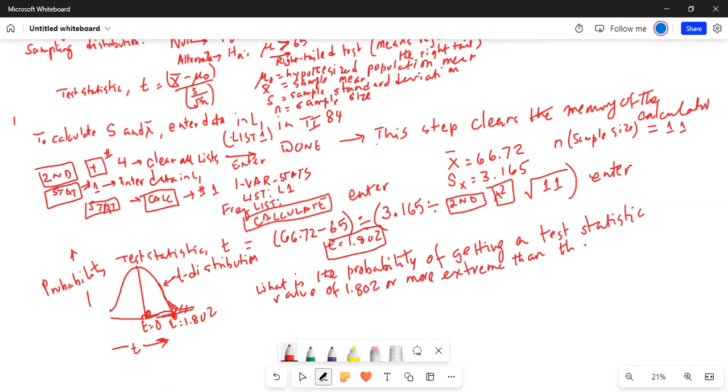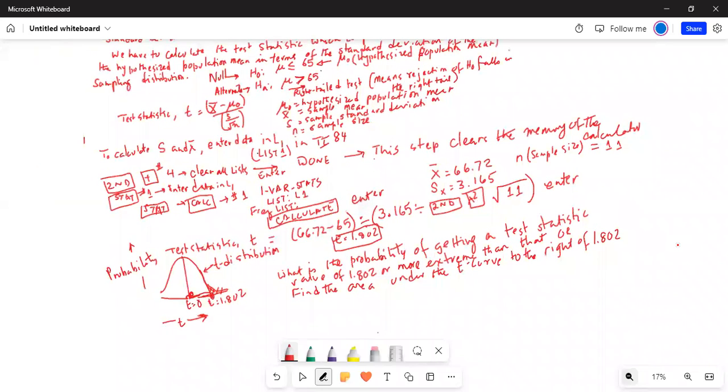Or, find the area under the T curve to the right of 1.802. Now, there's a difference between a T curve and a Z curve, which I'll tell you in a minute.